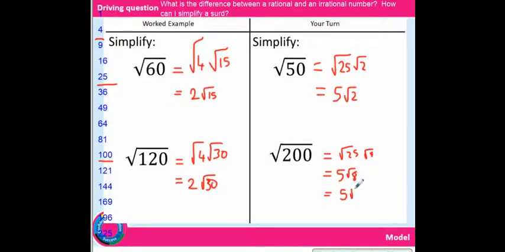So you could have done 5 root 4 root 2, because 4 multiplied by 2 is 8. The square root of 4 is 2. So that's 5 multiplied by 2 multiplied by root 2, which gives us 10 root 2, which is the same as the answer I had previously. This is obviously a more long-winded method. So you'd be better off looking for the highest square factor.